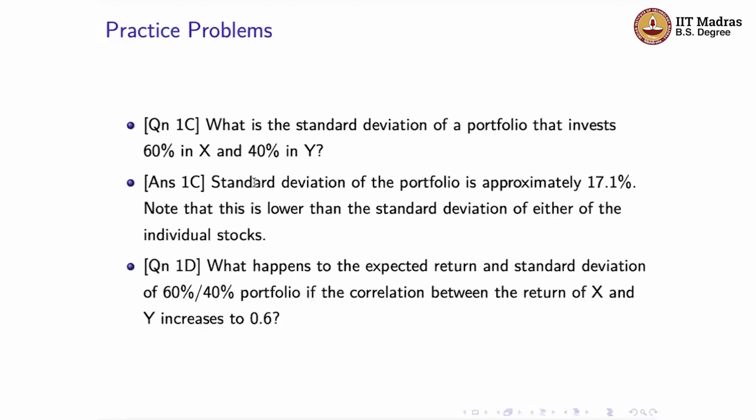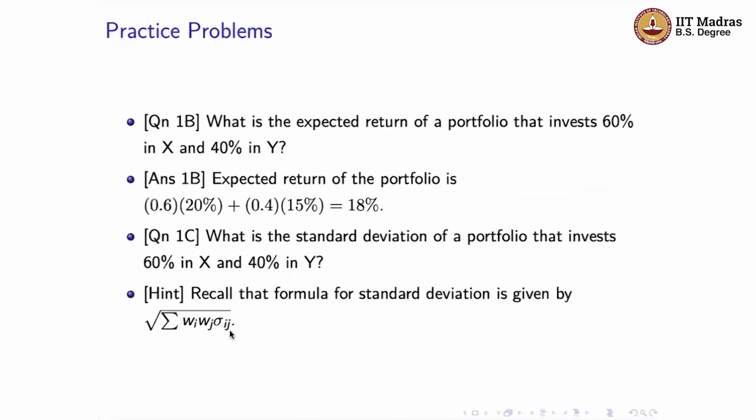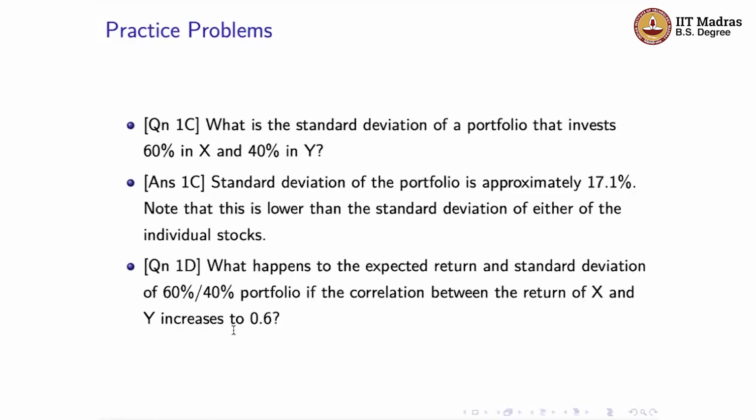And the reason is simple. If you go back to this formula, we have one part which is sigma xy, and sigma xy is correlation times sigma x times sigma y. If the correlation changes, that's the part where the formula will change, and we then have to recalculate the formula with a changed value of correlation.